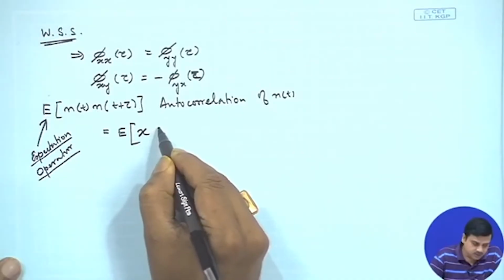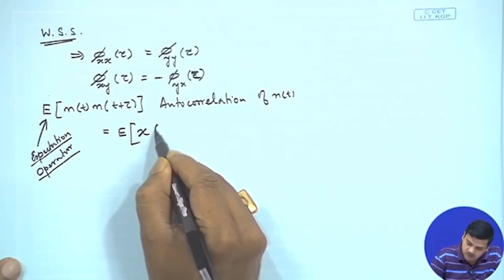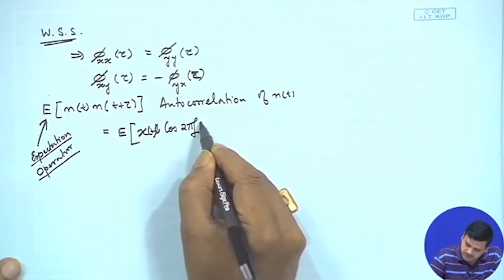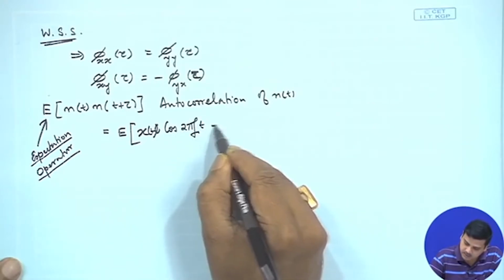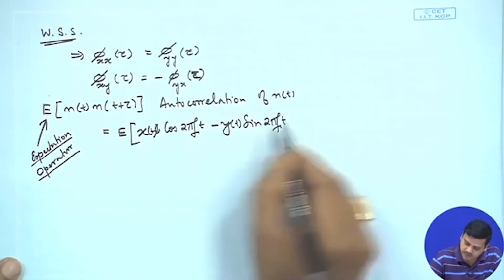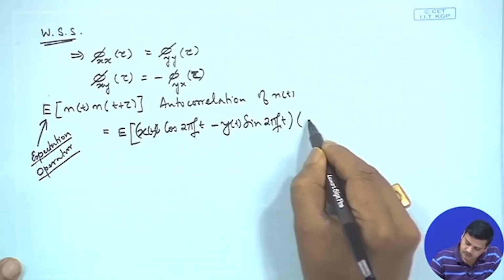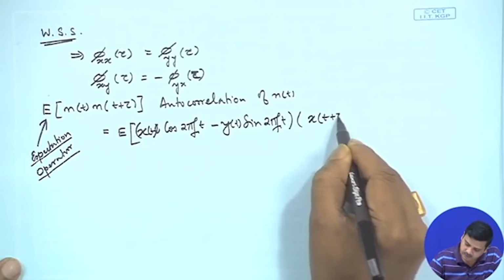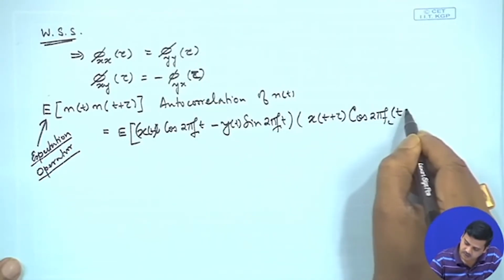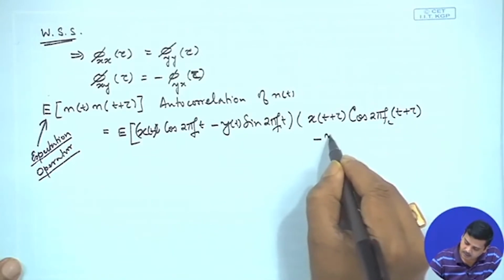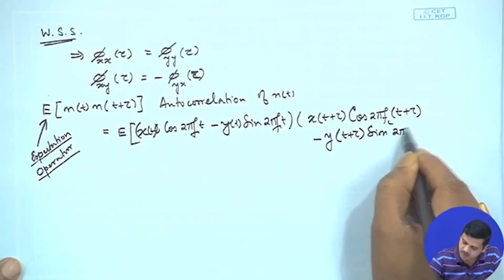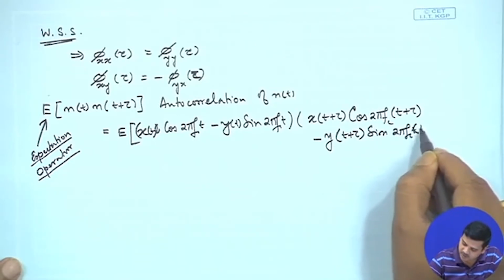So, we have x(t) cos(2 pi f_c t) minus y(t) sin(2 pi f_c t), this is n(t), and we also have x(t plus tau) cos(2 pi f_c (t plus tau)) minus y(t plus tau) sin(2 pi f_c (t plus tau)).